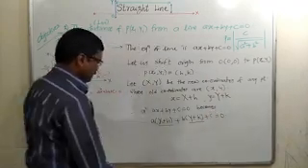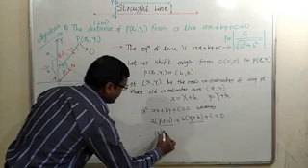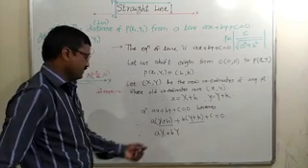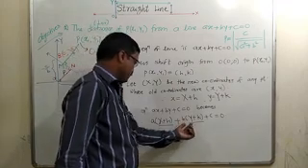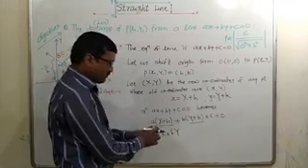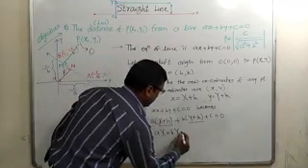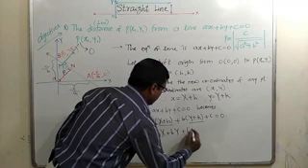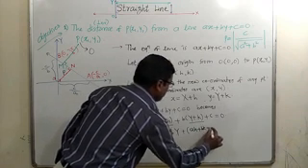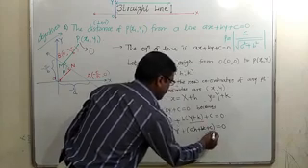Let us simplify this. So we get aX plus bY, this is the X term, this is the Y term. Here a and h both are constants, so this multiplication is constant. bk is constant, c is constant. So I will write all those constants in bracket, that is ah plus bk plus c, equal to 0.